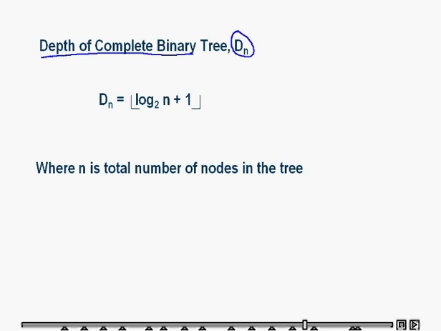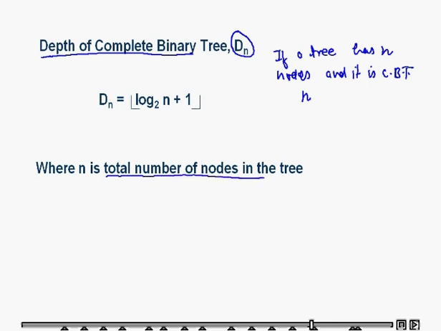Now you may be asked that if a tree has n nodes and it is a complete binary tree, then what is the height of the tree, where n is a natural number, which is the total number of nodes in the tree. That is, n is either 1, 2, or say 8, 9, 127, 128, like that, any number.